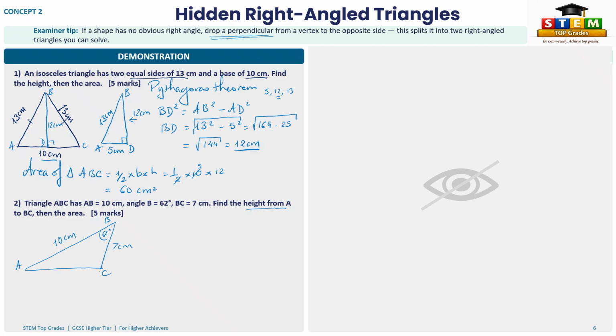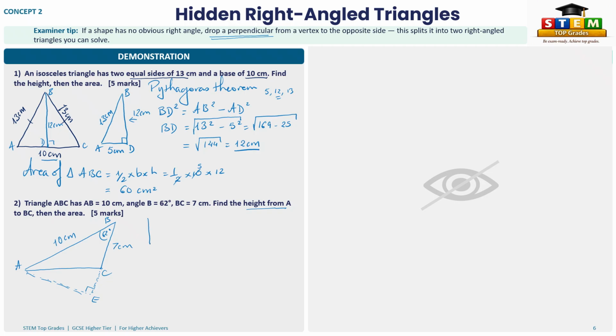So let's extend that. Okay, depends on your triangle that you have drawn. Now for me, this is the height I'm looking for. So let's call that E. So what we're looking for now is AE.